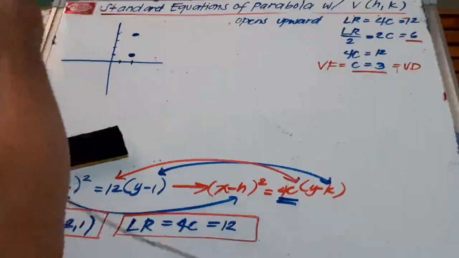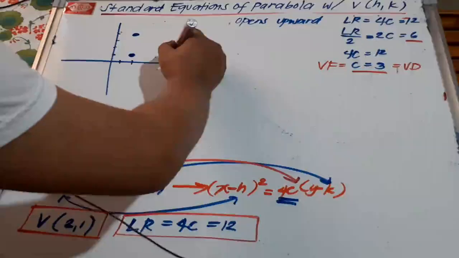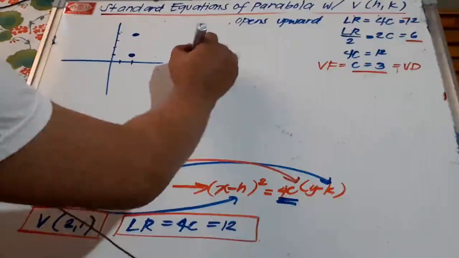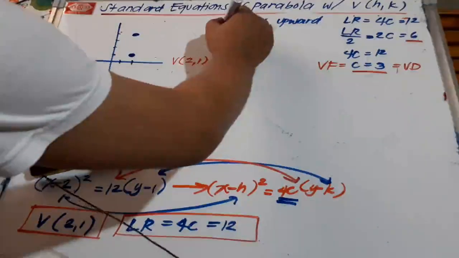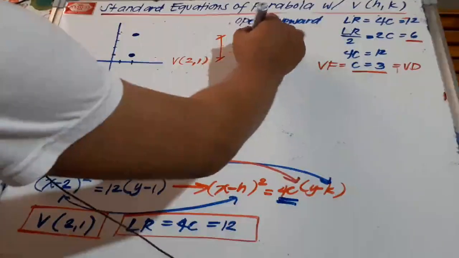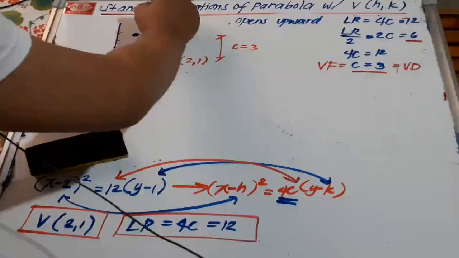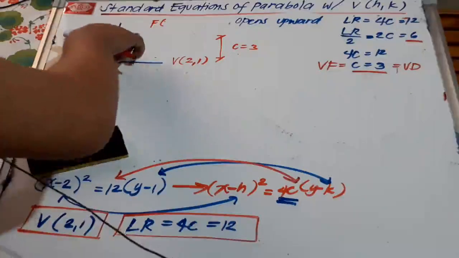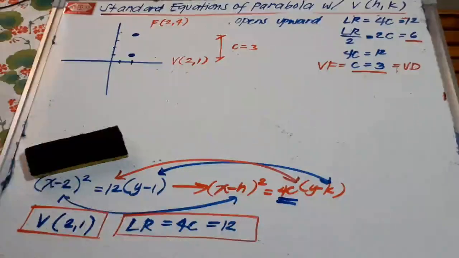Vertex natin is (2, 1). Ang sukat nito ay C, yan ay 3. Okay. So, ang focus natin located sa, bilangan na lang natin, nasa (2, 4).